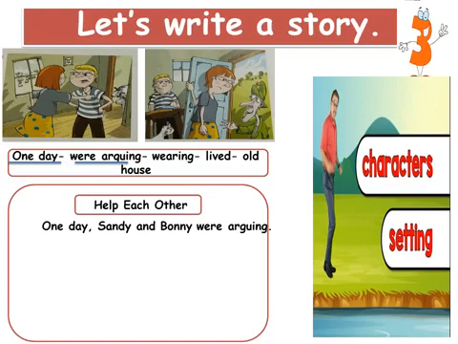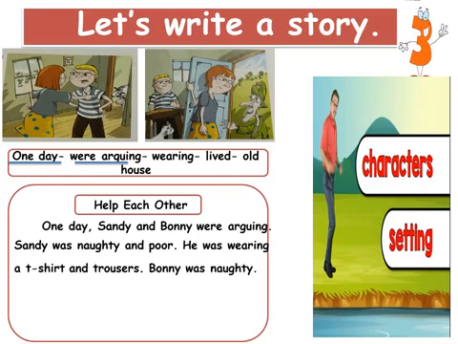Look at the sentence. I will start with the name, and here I will start with Sandy. So Sandy was naughty and poor. And then I will speak about his clothes. He was wearing a t-shirt and trousers.